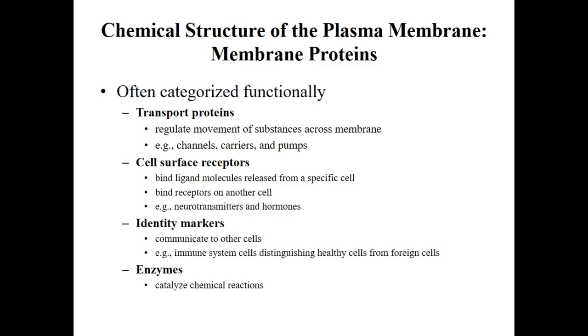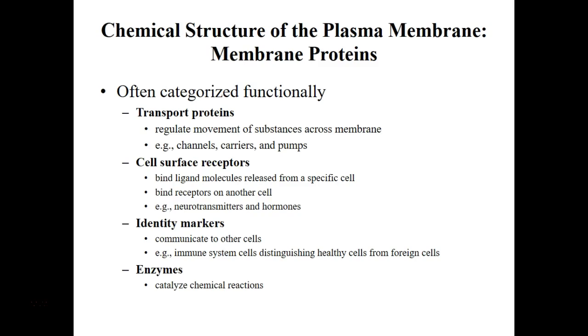So proteins have a lot of functions. We talked about proteins in chapter 2. We talked about proteins in chapter 3, and now we're going to talk about proteins again. So proteins have a lot of functions, and one of those functions in the plasma membrane is proteins can be for transport purposes.